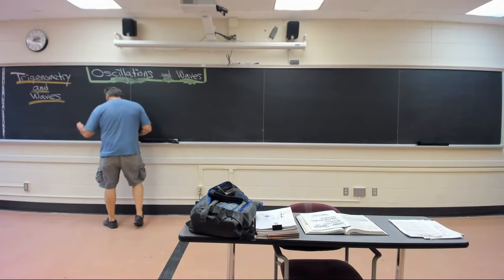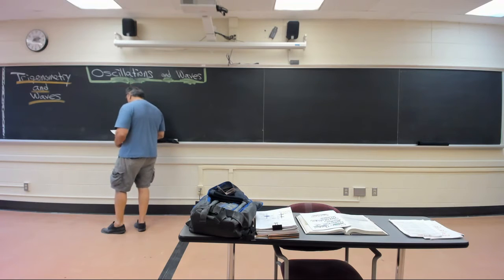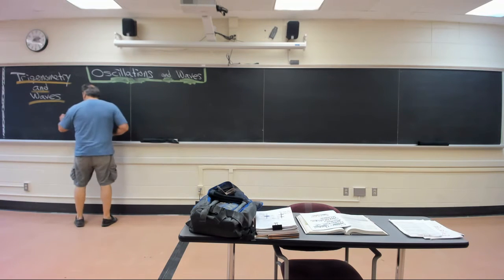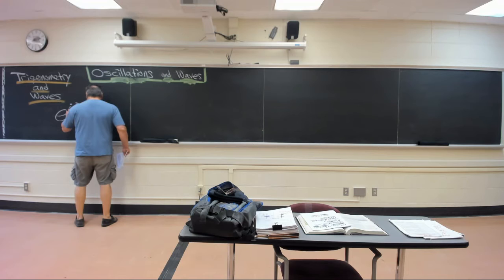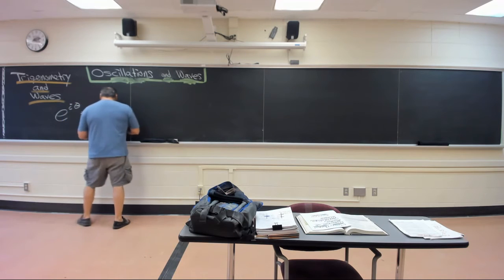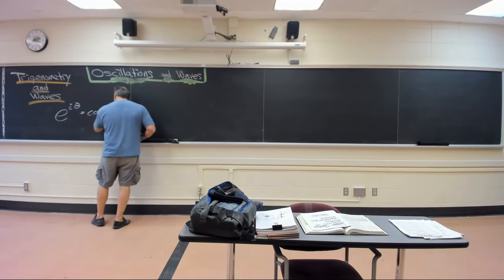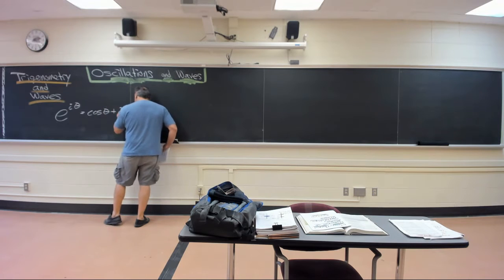There's a tremendous amount of stuff out there, so at least we try to point to it. We know that from complex analysis, there's this beautiful mathematical formula, where i is the square root of -1: e^(iθ) = cos θ + i sin θ.